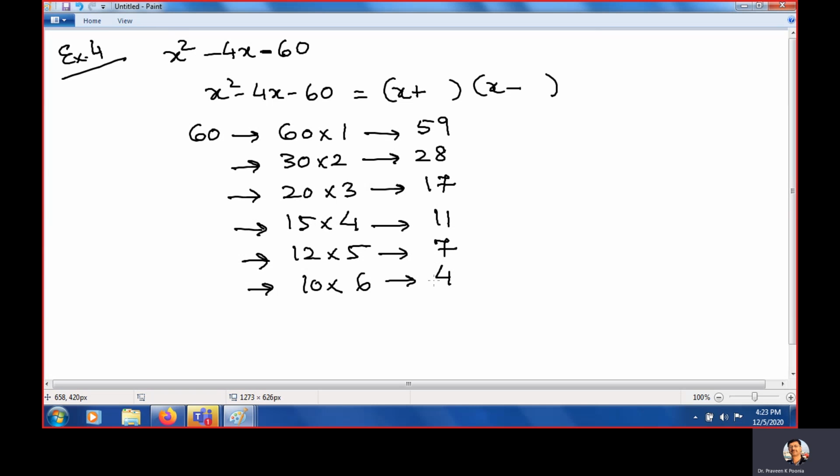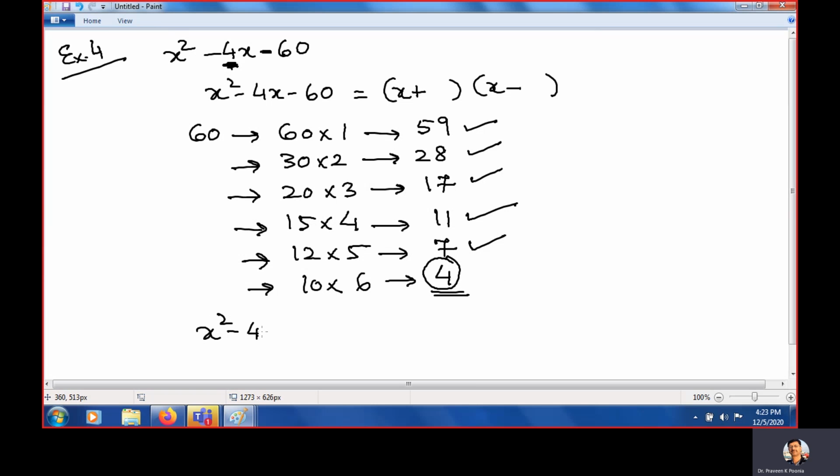If the middle term is 59, we will use the first pair. If it is 28, 17, 11 or 7, we will use the corresponding pair. Now the middle term is 4, so we are going to use 10 and 6.